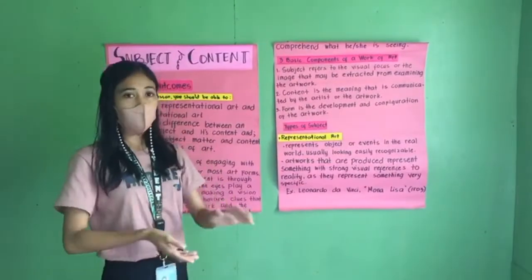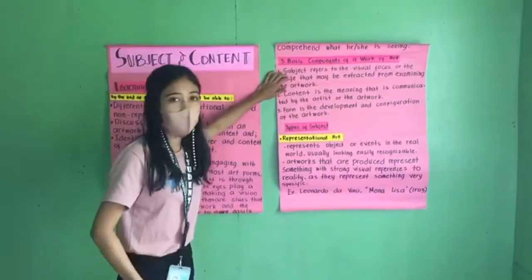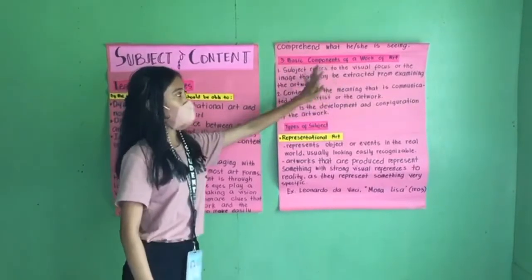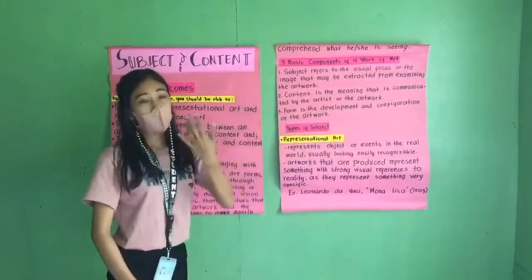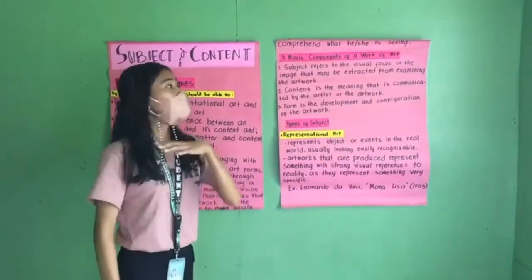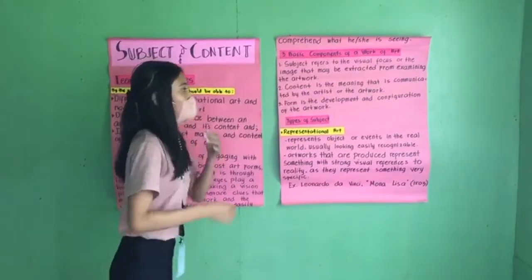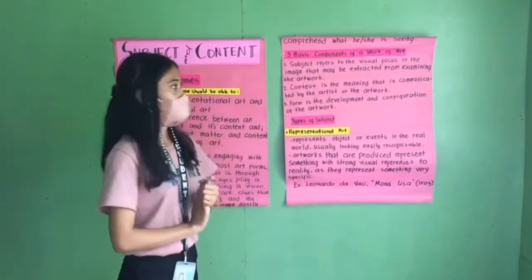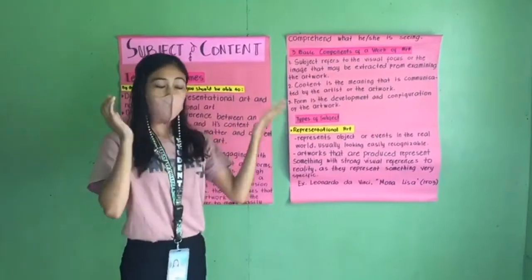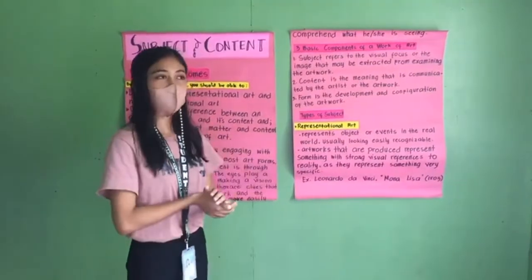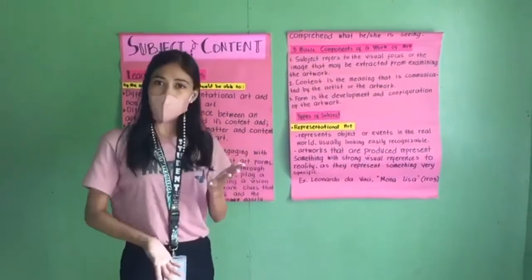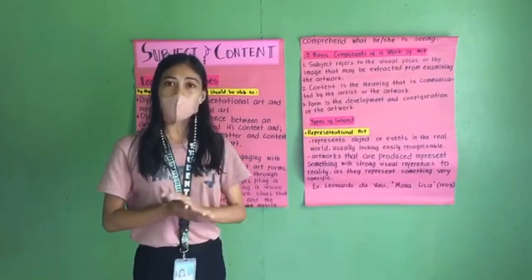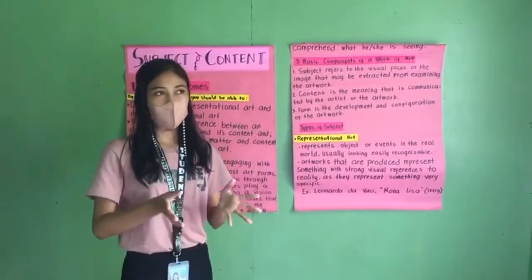The first clue is the subject. Subject refers to the visual focus or the image that can be extracted from examining the artwork. When we see an artwork, the first thing that we perceive or interpret regarding that artwork is the subject.